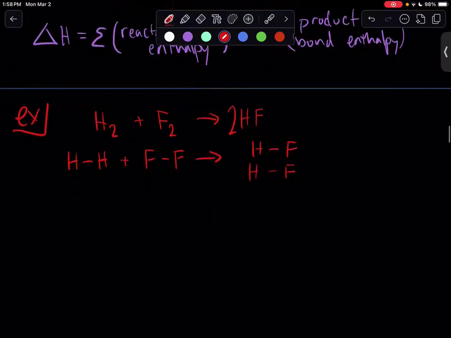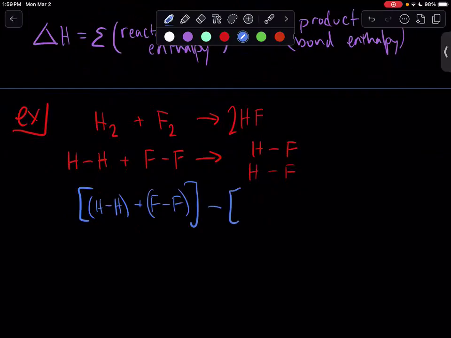And so as we calculate these, I'm going to put my reactants on one side, and it is the enthalpy of hydrogen bonded to hydrogen plus fluorine bonded to fluorine minus 2 times hydrogen bonded to fluorine.